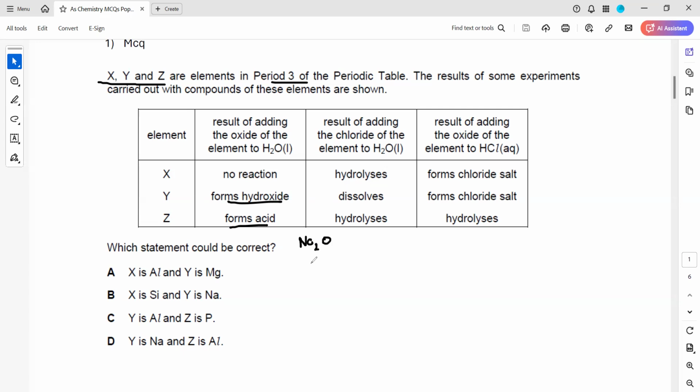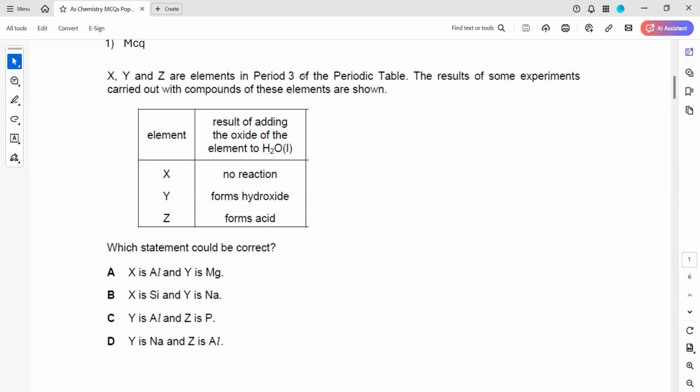For example, we have sodium oxide. This is mainly related to memorizing the properties of period 3. So we have sodium oxide, magnesium oxide, aluminium oxide.